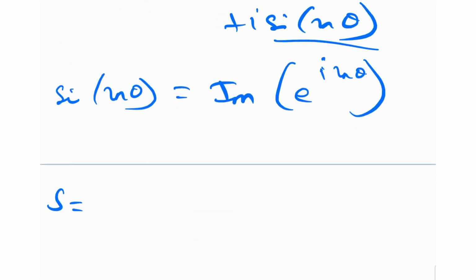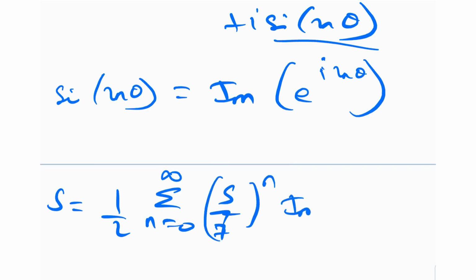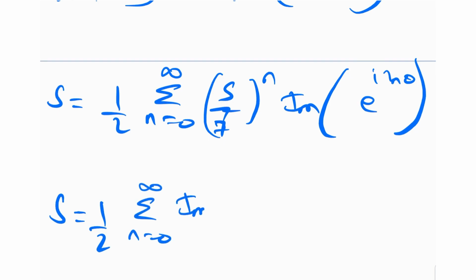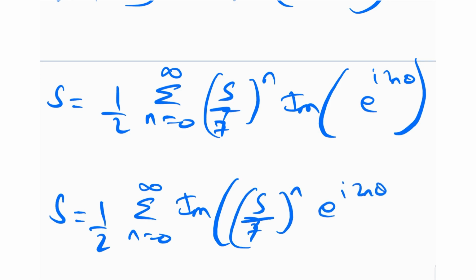So I can write the sum S as half times summation from n is equal to 0 to infinity of (5/7)^n times the imaginary part of e raised to the power i times 2n theta. Okay, amazing. So I can take everything inside this imaginary part. So this becomes the imaginary part of (5/7)^n times e raised to the power i times 2n theta.